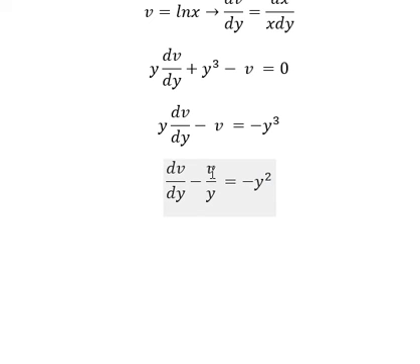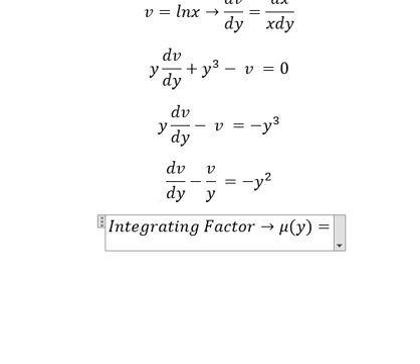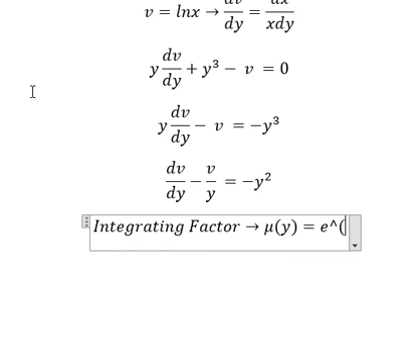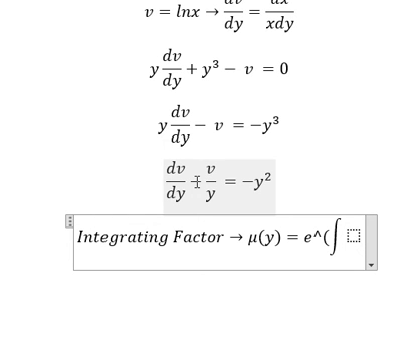Next, we have v and the first derivative of v, so we can use an integrating factor. We need to use mu of y equals e to the power of the integral, and we see that negative 1 over y is the integrating factor.